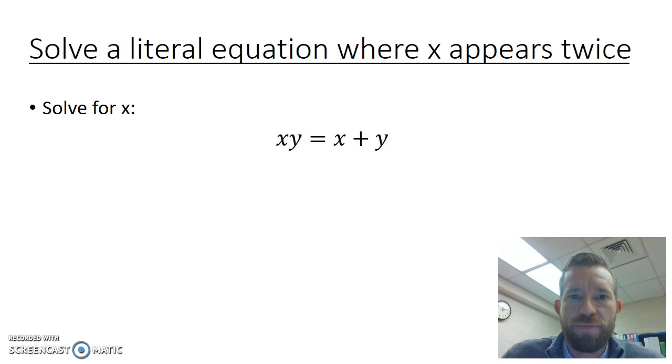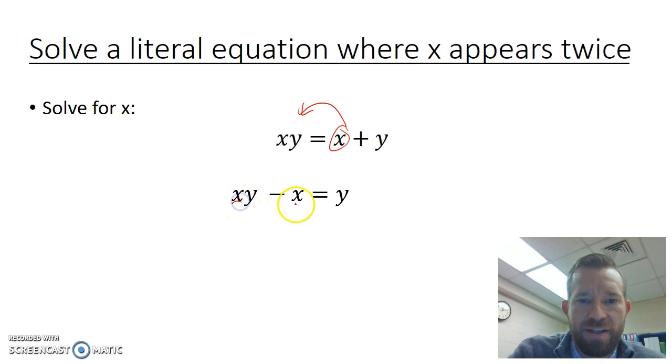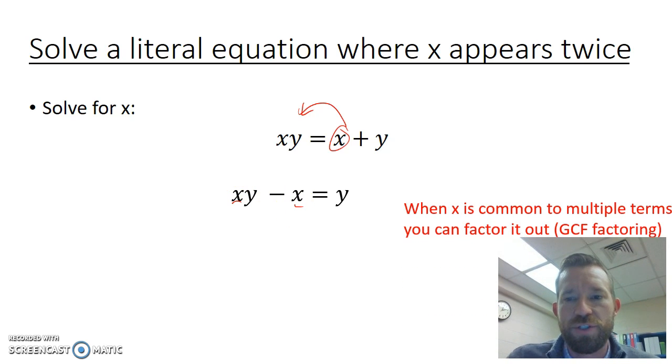Sometimes the variable that you want appears more than once. First thing, we'll take the x and move it over to the other side, so we've got x's all together. Now here's the tricky step. You have an x and another x. When x's appear multiple times, what you can do is factor. It's called GCF, or greatest common factor. So you pull this x out.